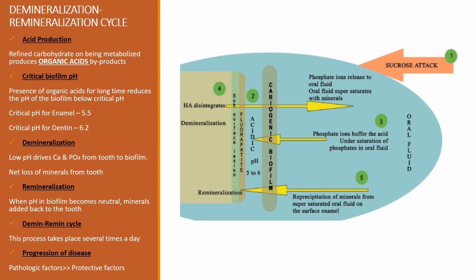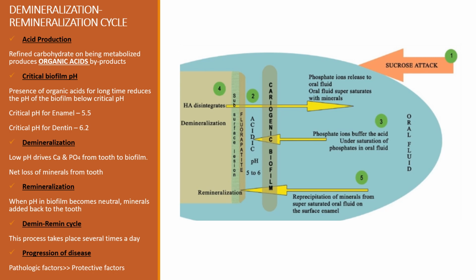Then the low pH drives the calcium and phosphate from the tooth to the biofilm so that an equilibrium can be reached. So therefore, there is a net loss of minerals from the tooth, resulting in demineralization of the tooth. And then when the pH in the biofilm returns to normal, the concentration of calcium and phosphate is supersaturated relative to that in the tooth.